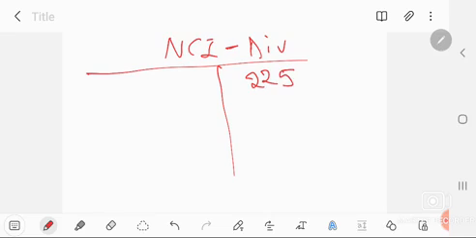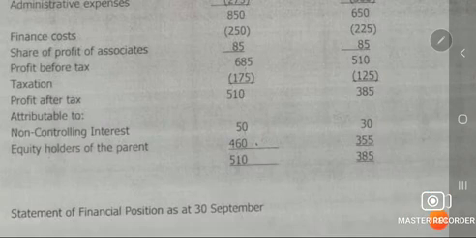So 225, and then we have to add that profit that is attributed to NCI. You'll find it in the profit and loss statement, somewhere at the bottom. You'll see something like attributed to. Let me just show you this one. So that's what I'm now talking about, attributed to non-controlling interest. So we need that 50.